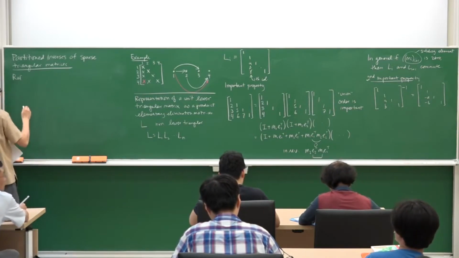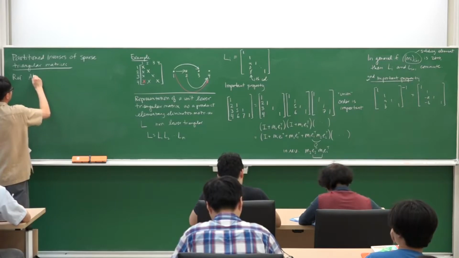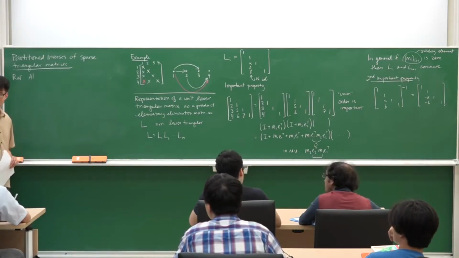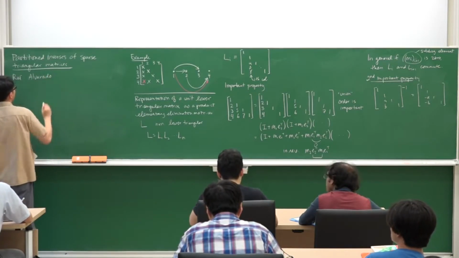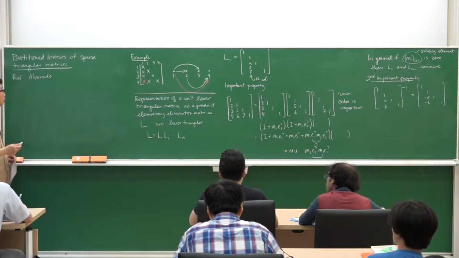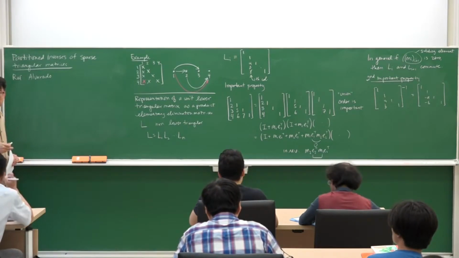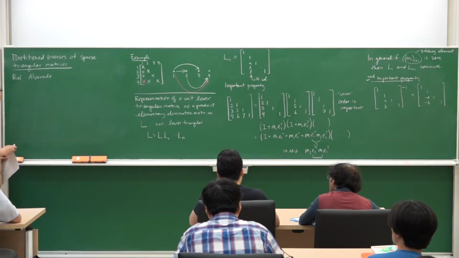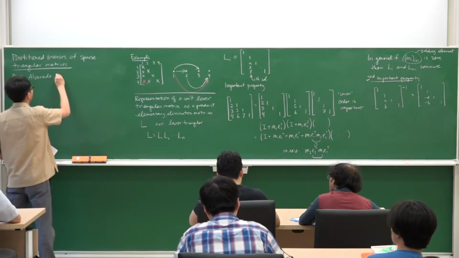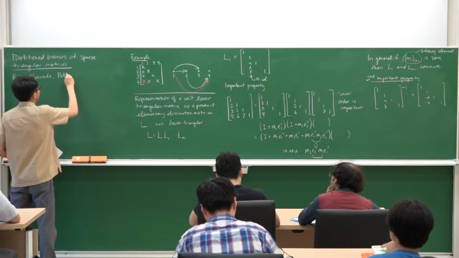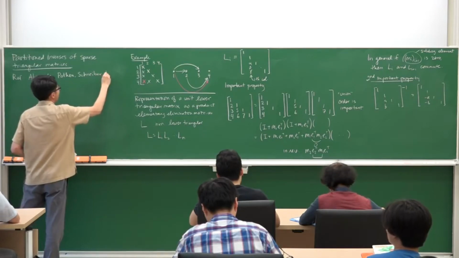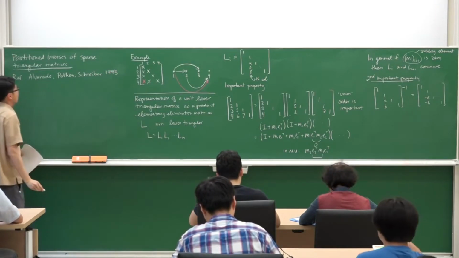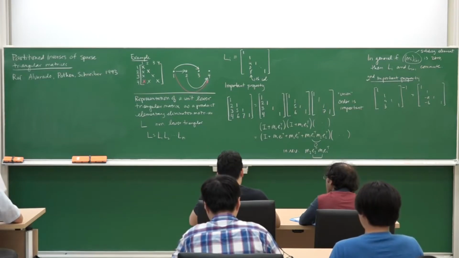So partition inverses were invented by a professor at Wisconsin. I think he's now retired, Alvarado. And later on, he worked with a number of people to develop and prove properties of algorithms for computing these partition inverses. So Rob Schreiber and Alex Pothen. And they have a paper in 1993 that you can use as reference for what I'm going to describe.